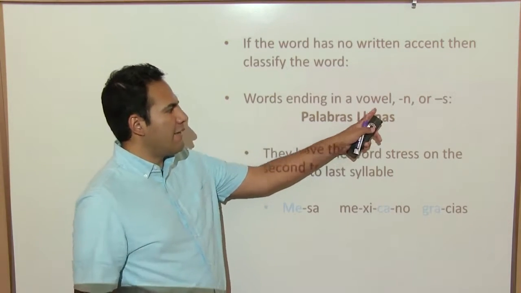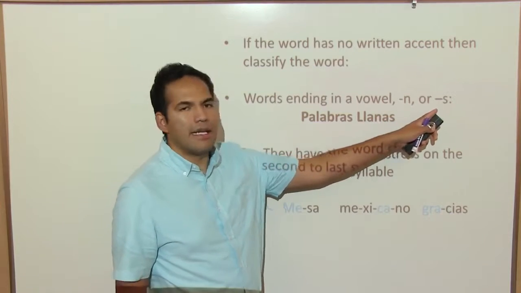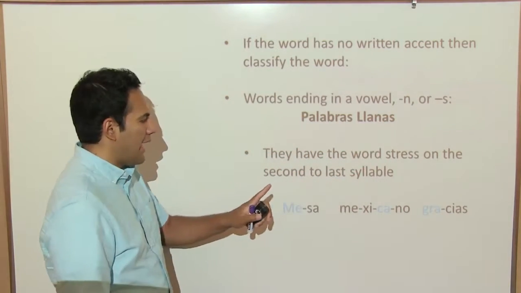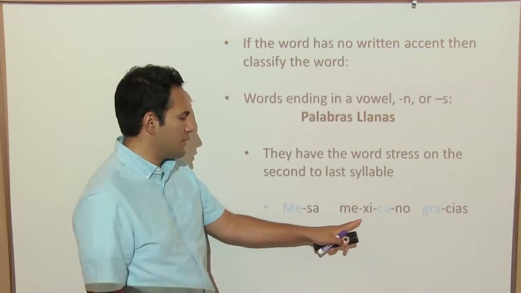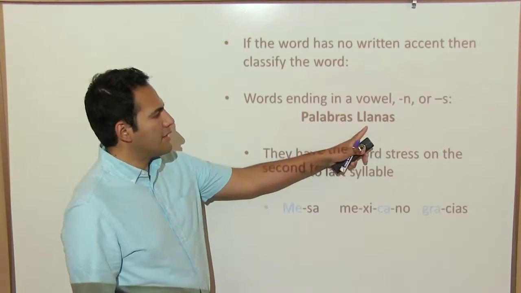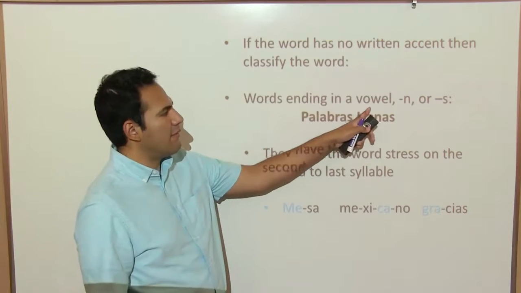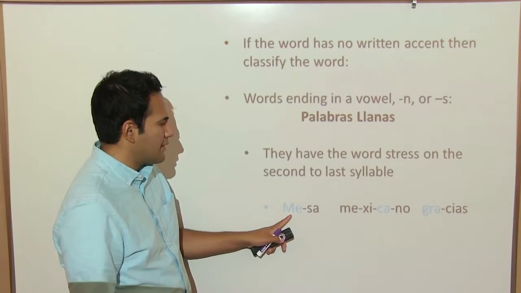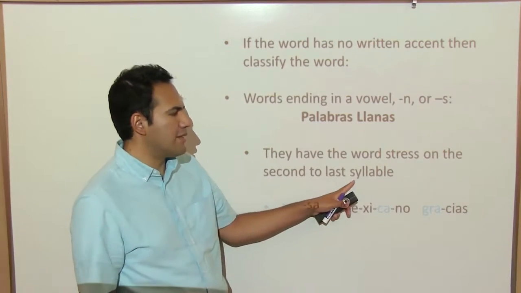If the word has no written accent, then we classify the word. Words ending in a vowel, N, or S are called palabras llanas. And here are some examples of those. When they are palabras llanas, ending in a vowel, N, or S, we're going to stress the second to last syllable.